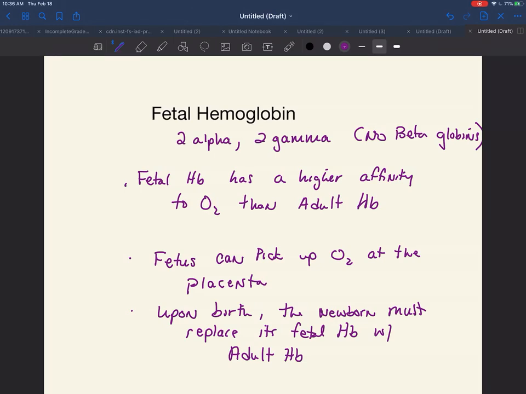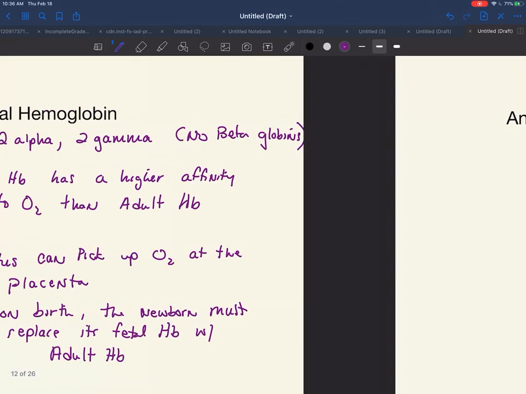And that is interesting because that means that they have to break down all of their red blood cells and replace them. And sometimes when they break down all their red blood cells, they release a chemical called bilirubin. And the bilirubin actually is a very common cause of jaundice in newborns.